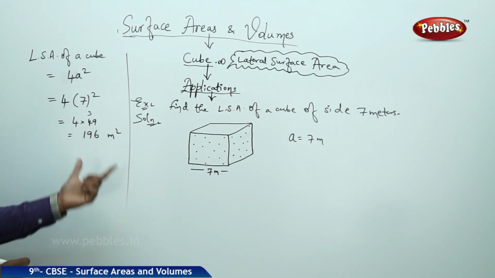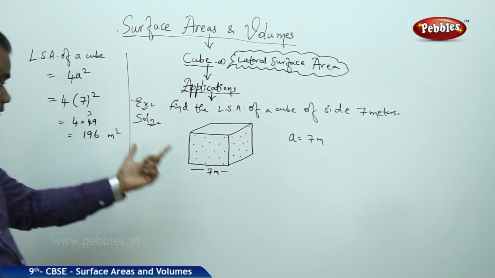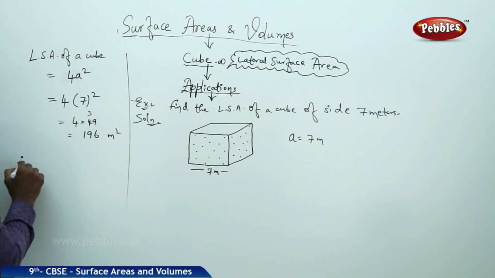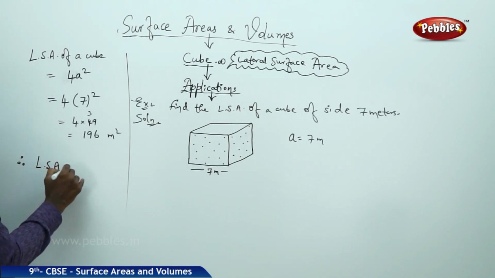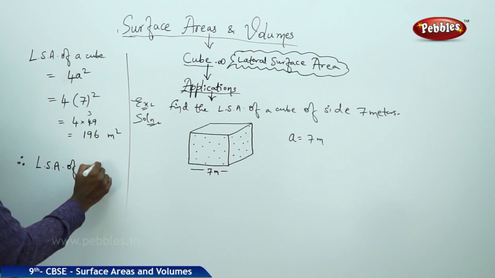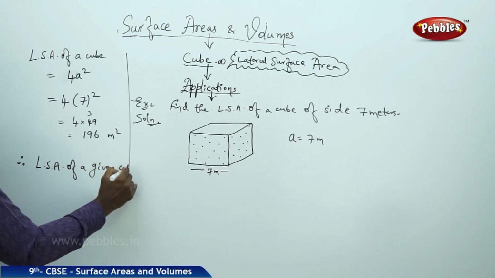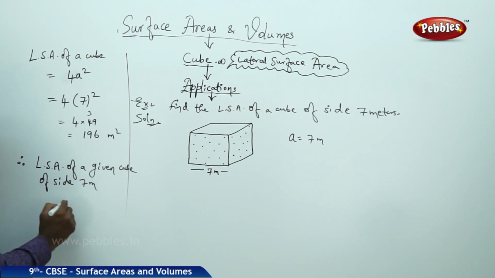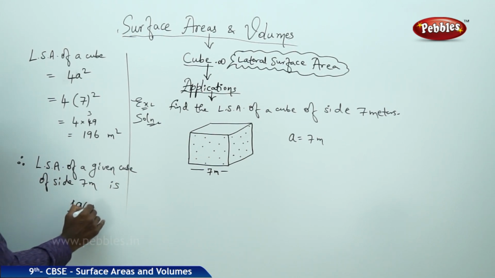So here the lateral surface area of this cube is 196 meter square. Therefore LSA of a given cube of side 7 meters is 196 meter square.